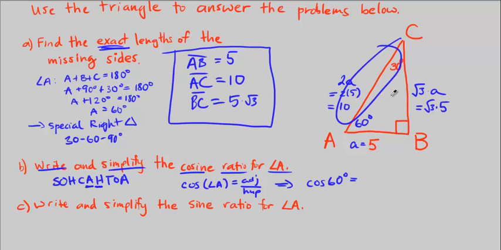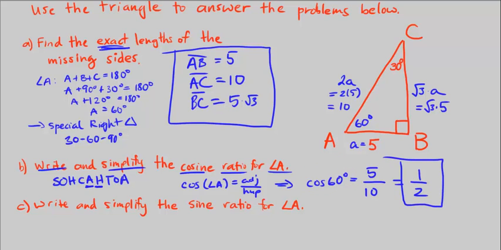It's not the hypotenuse because we know the hypotenuse is across from the right angle. So the adjacent side has to be 5. And the hypotenuse is right here, 10. And we could go ahead and simplify that because it says simplify in the instructions. 5 divided by 10 is the same as 1 divided by 2. So the cosine ratio of angle A is 1 divided by 2.